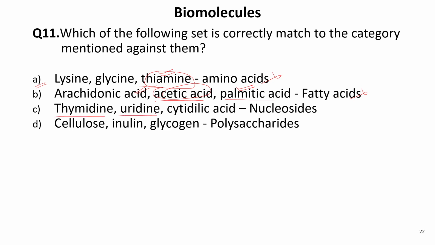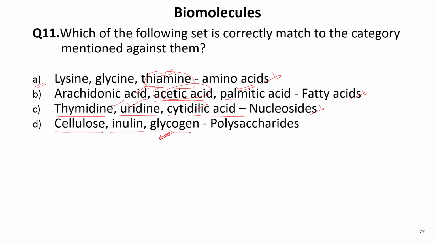Thymidine, uridine, cytidylic acid. Thymidine and uridine are nucleosides, but cytidylic acid is not. So this is incorrect. Cellulose, inulin and glycogen. If you remember, these are the different polysaccharides. Glycogen is present in animals. This is also called animal starch.